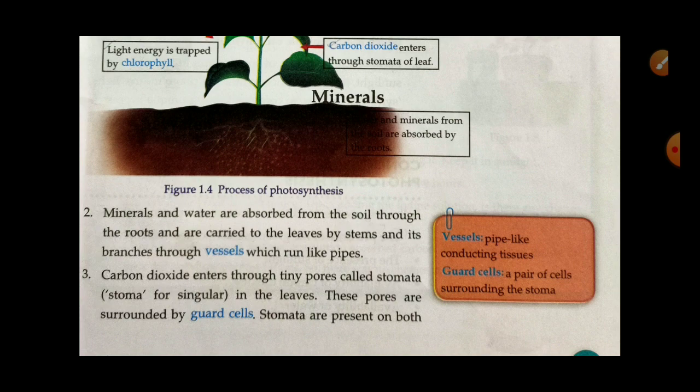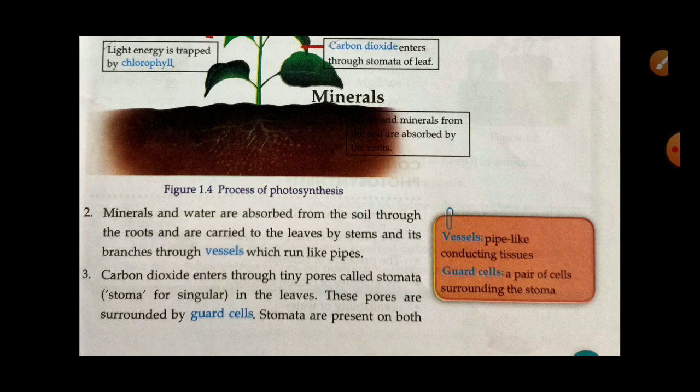Now here are the minerals and water. Minerals and water are absorbed from the soil through the roots and are carried to the leaves by the stem and its branches through vessels which run like pipes. Vessels are like refills, hollow inside.